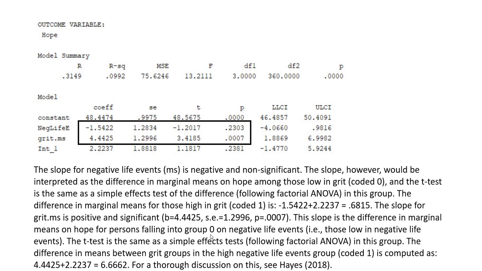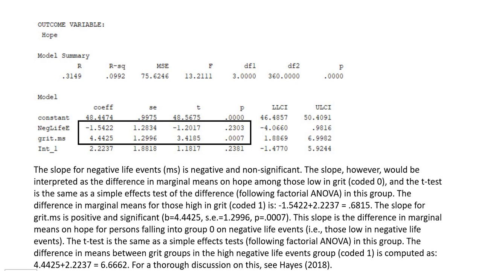0.6815. The slope for grit is positive and significant, and this slope is the difference in marginal means on hope for persons falling into group 0 on negative life events, that is, those who are low in negative life events. And this t-test is the same as a simple effects test following a factorial ANOVA in this group.